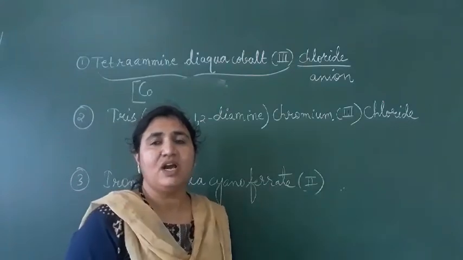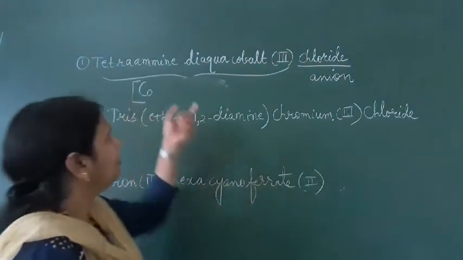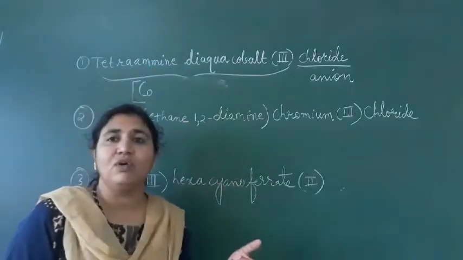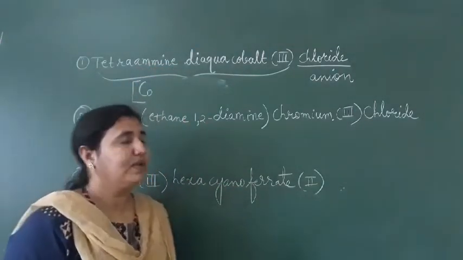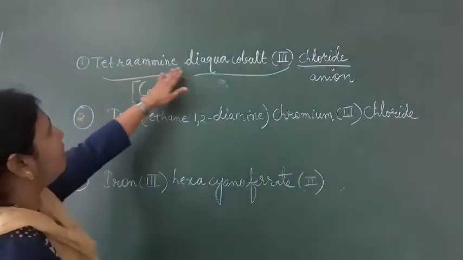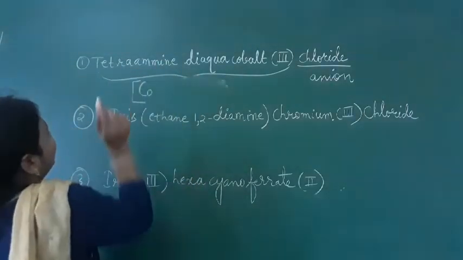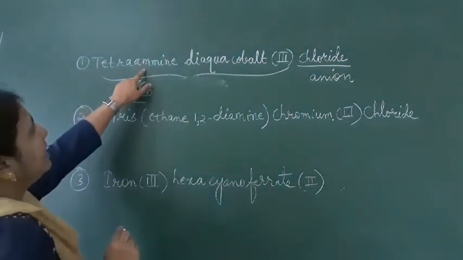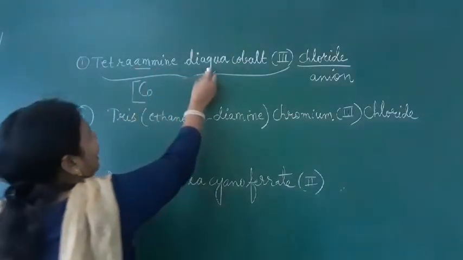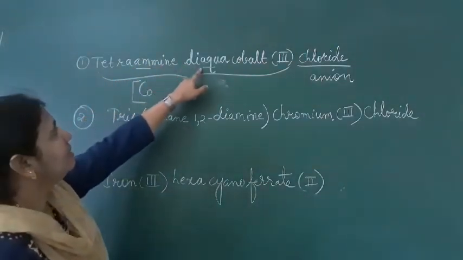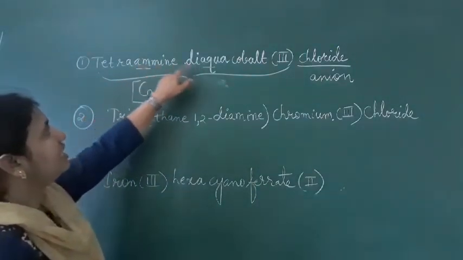Ligands you have to write; if we have multiple ligands, then we have to write them in alphabetical order. So here given are tetraamine and diaqua. In their names, alphabetical order: amine is AM, and aqua is AQ. The first letter is similar, but the second letter is M here, Q here.